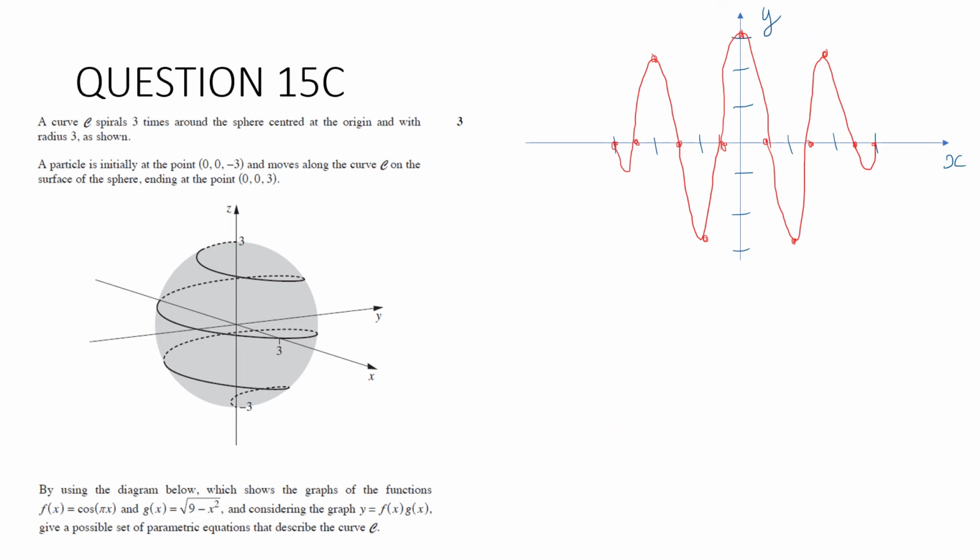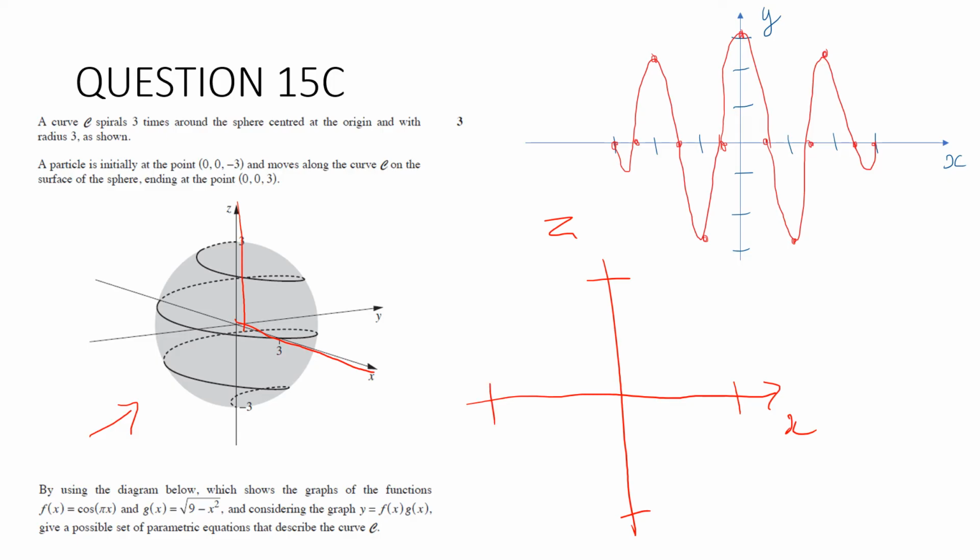Now to get our parametric equations, we're going to squish this graph onto the z-x plane, and we'll get something that looks like this. So this is z, and this is x. So it starts down here at -3, and it goes like this, up to there, roughly.